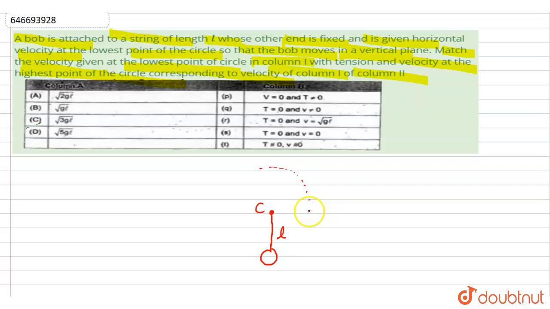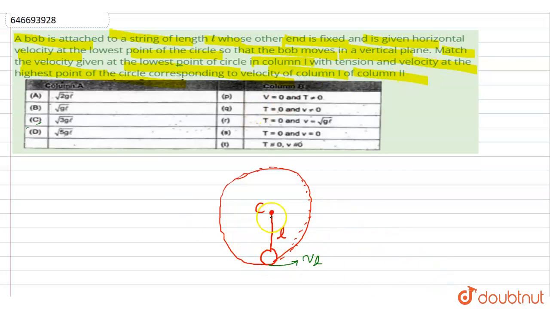It moves with the lowest velocity VL at this point. So in column first, we have been given the lowest velocity, and in column second, we have been given the tension and the velocity at the highest point.